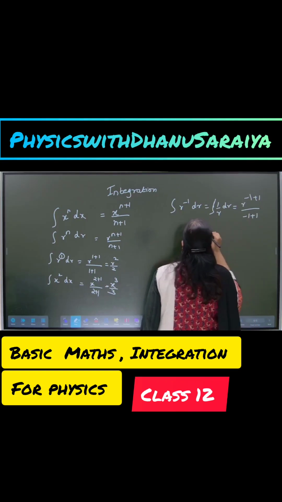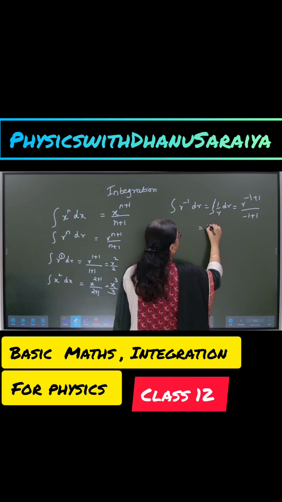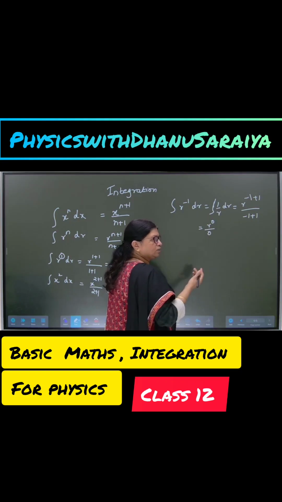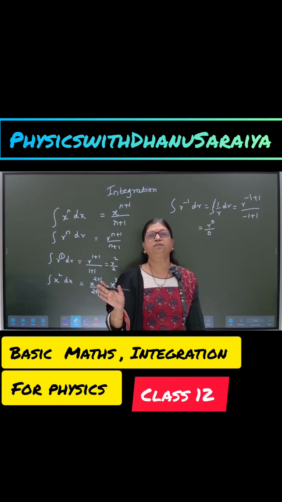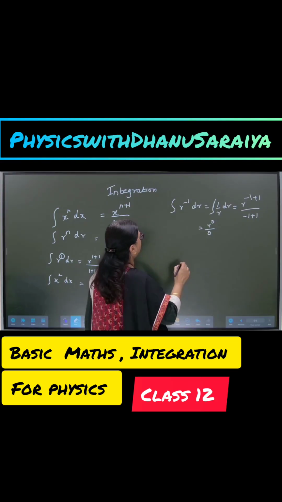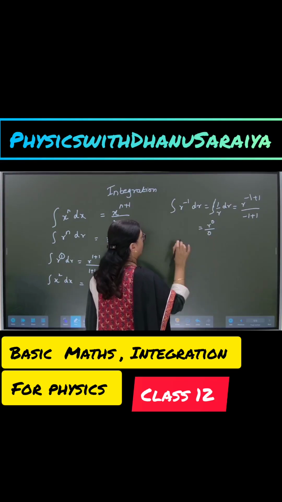So what is my answer here in this case? r raised to 0 upon 0. Okay, so this answer is 0 itself. Fine, it is r raised to 0 upon 0. Or you can even say it as undefined, because it is divided by 0.